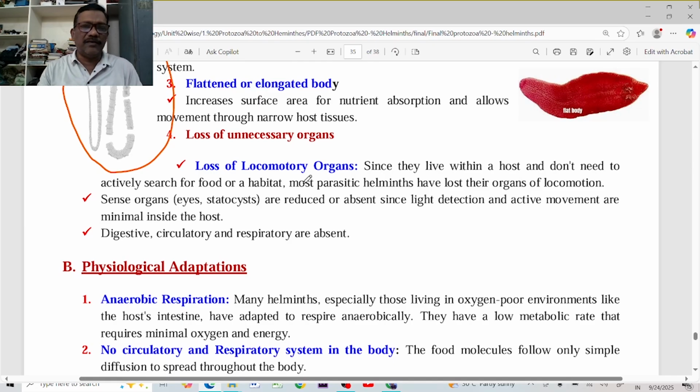If there is no digestive system, there is no need of a circulatory system. The respiratory system is also absent in these organisms, because there is no oxygen available to them. They can produce ATP molecules by anaerobic respiration, by glycolysis in the cytoplasm.